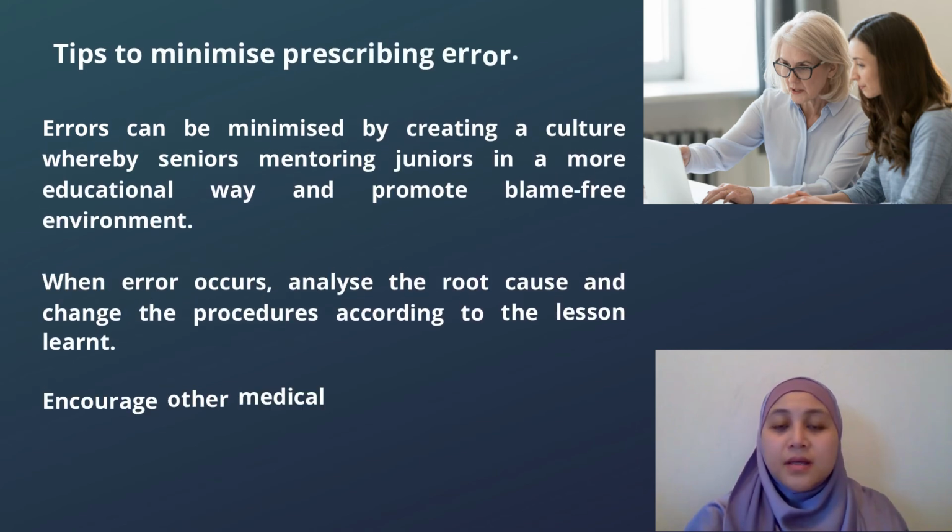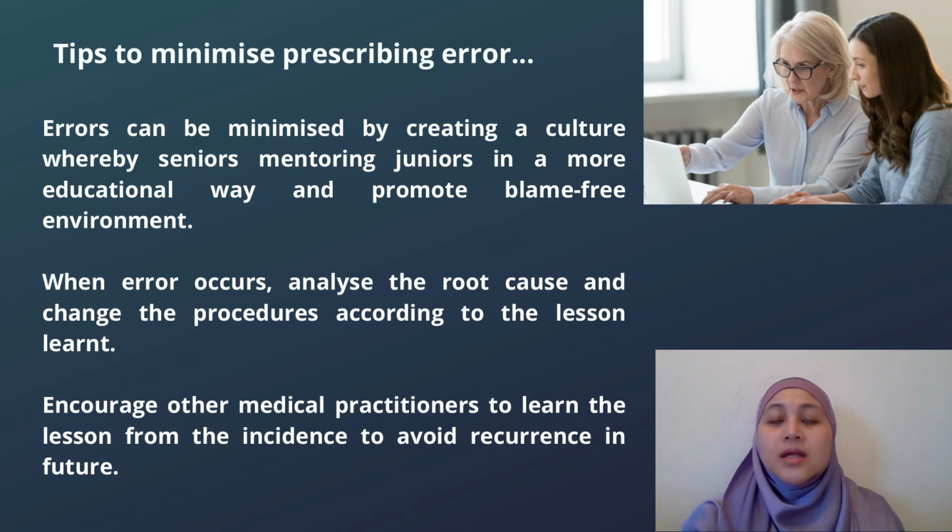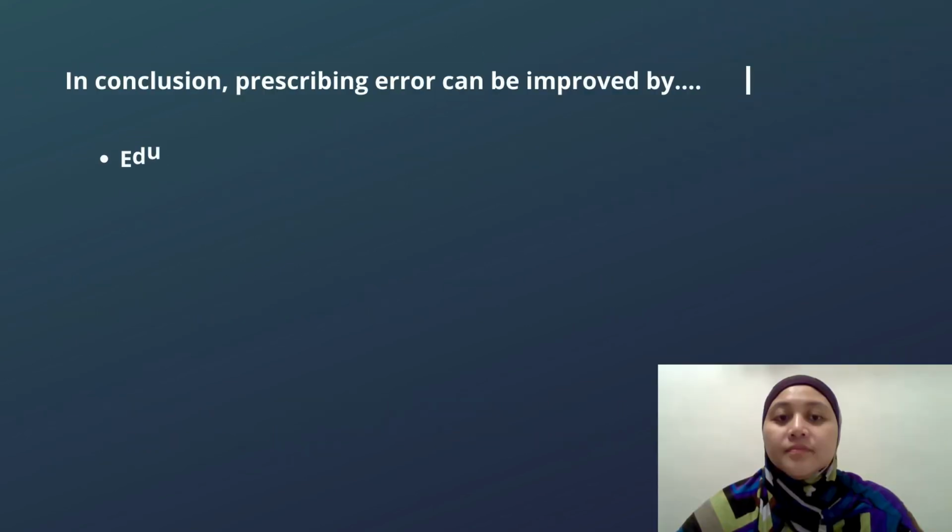Errors can be minimized by creating a culture whereby seniors mentor juniors in a more educational way and promote a blame-free environment. When error occurs, analyze the root cause and change the procedure according to the lesson learned. Encourage other medical practitioners to learn the lesson from the incidents and avoid the recurrence of the same event in future.